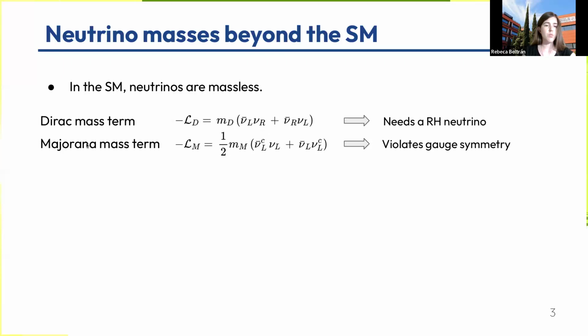And if we want to write this Majorana mass term using only the left-handed fields, then this would violate the standard model gauge invariance. So thus, to account for neutrino masses, we are sure that we must depart from the standard model.